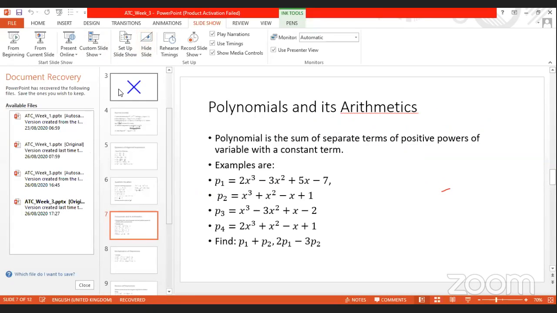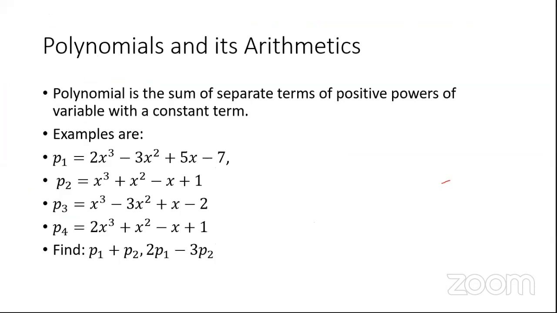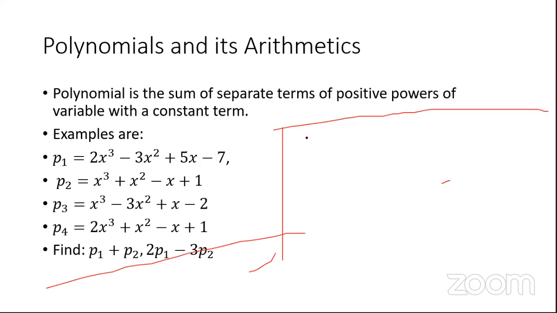Sorry, let me share that. So now, if you need to add that, so if you are adding, what do we do? It said 2p1. So multiply everything here by 2.